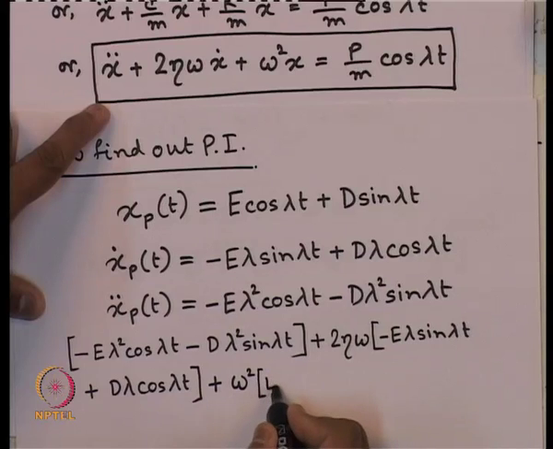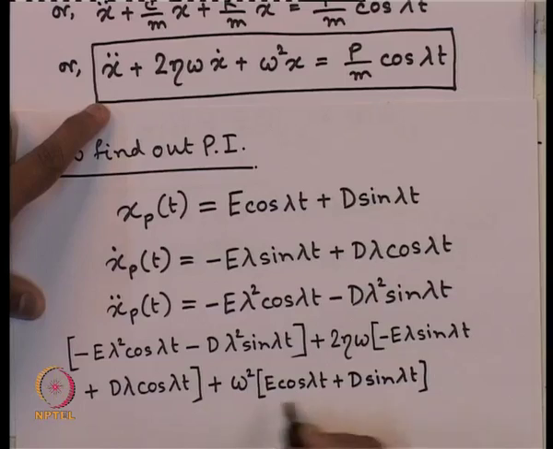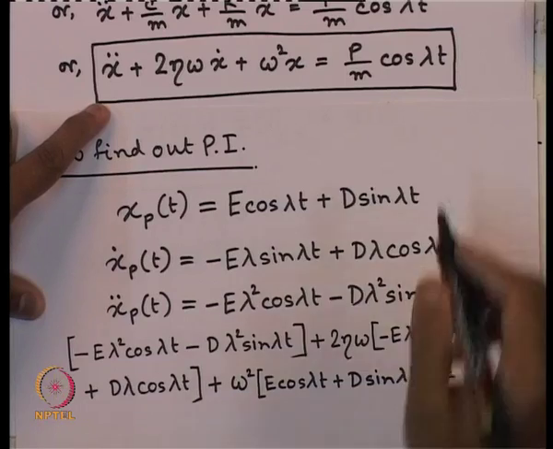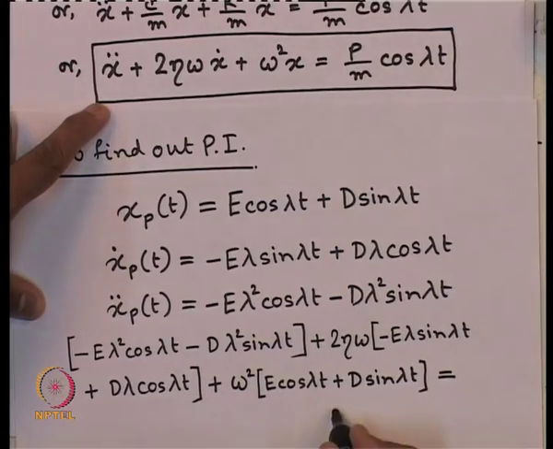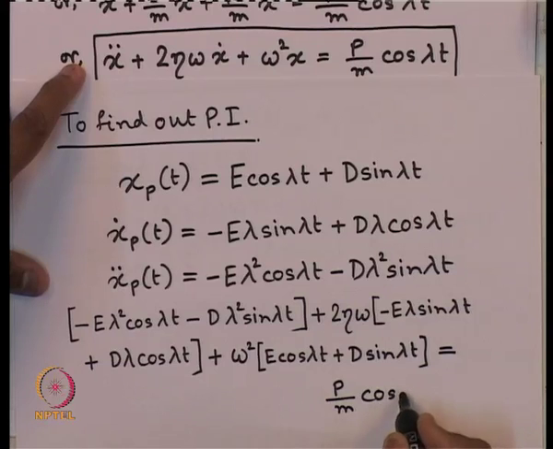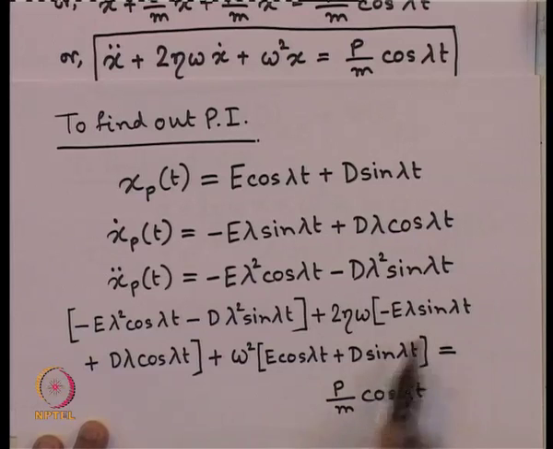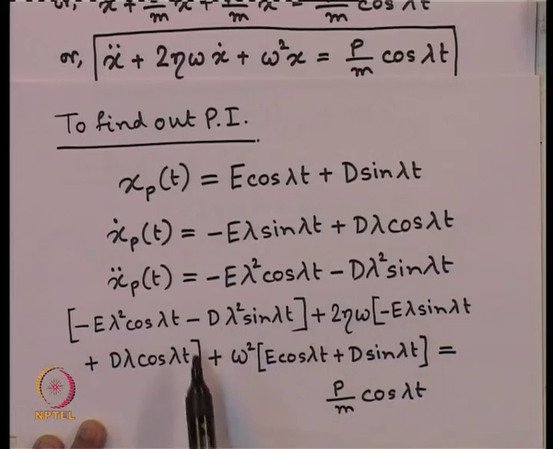X is E cosine of lambda t plus D sine of lambda t, which will be equated with the given term, that is p by m cosine of lambda t.